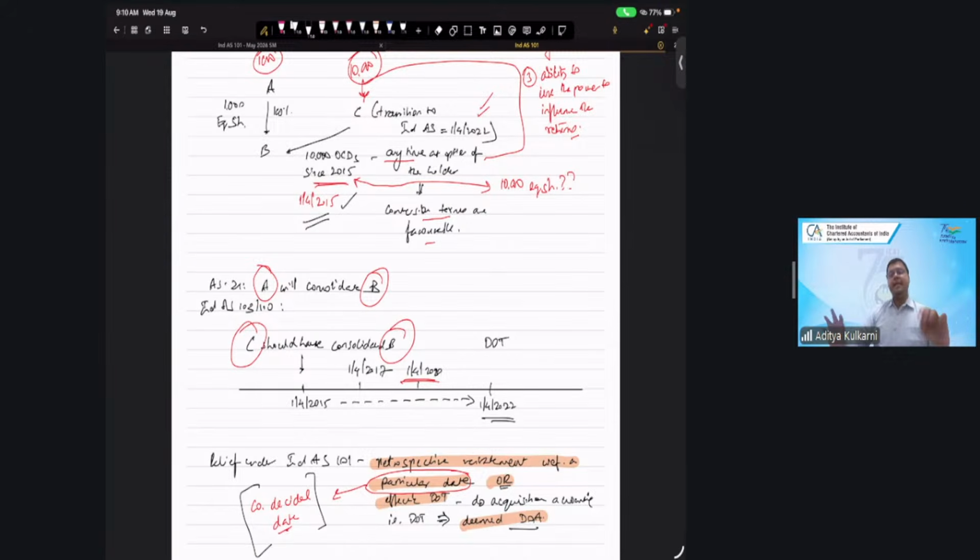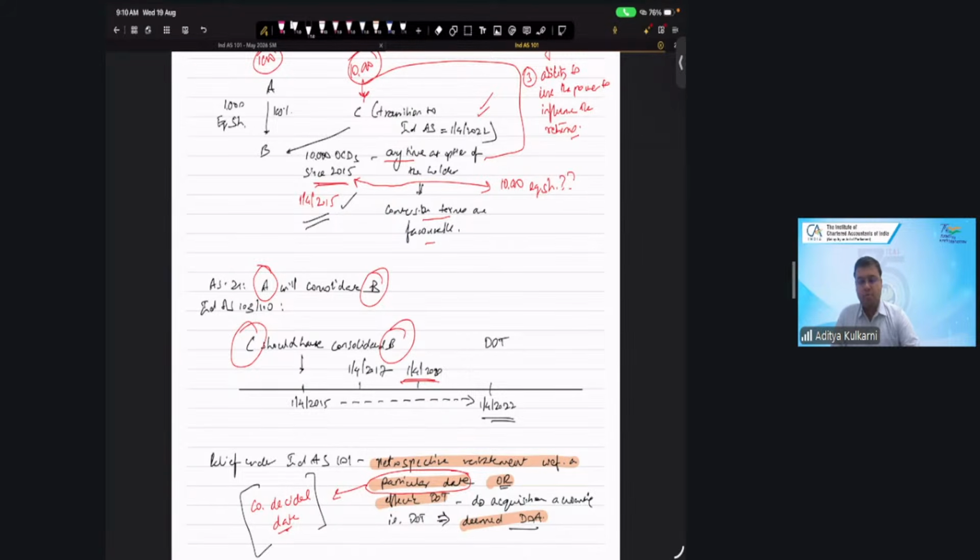Yes, it is a date that is chosen randomly, and they will do the acquisition accounting from 1st April 2020. That means April 2020, March 21, March 22, March 23, March 24. Are you able to follow? Yes, 5 years.